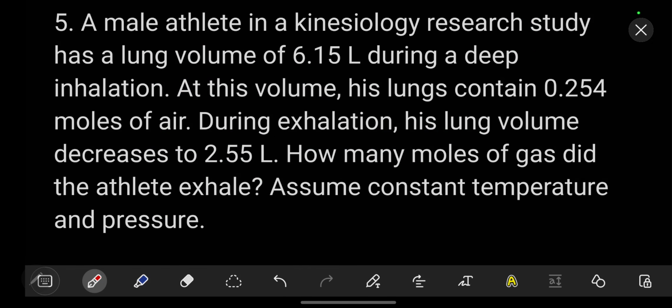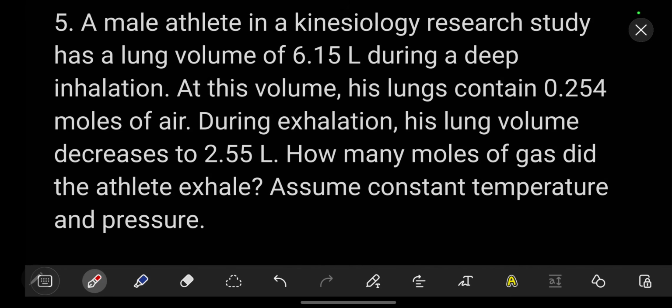Question 5. A male athlete in a kinesiology research study has a lung volume of 6.15 liters during a deep inhalation. At this volume, his lung contains 0.254 moles of air.